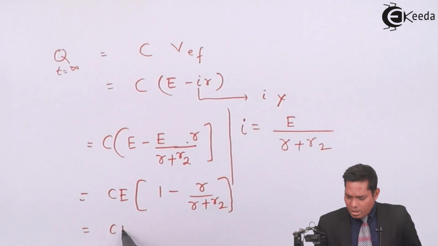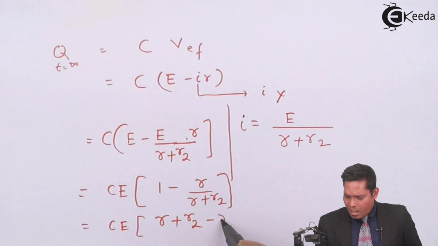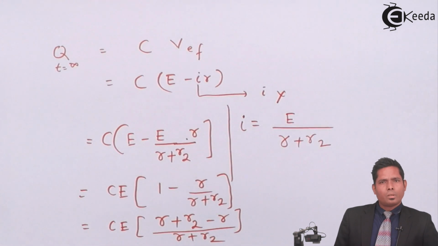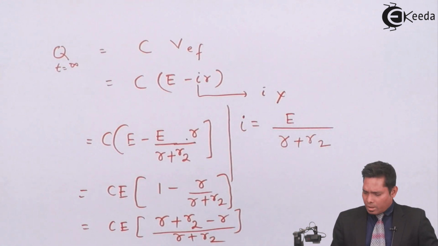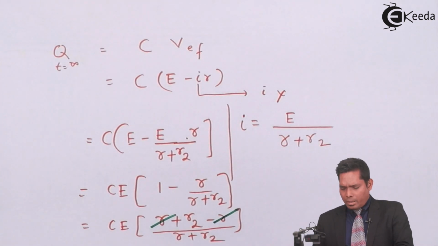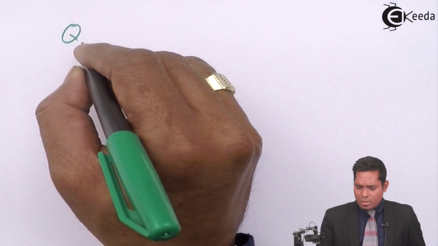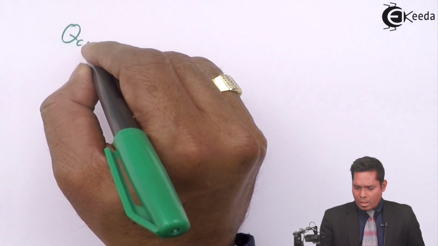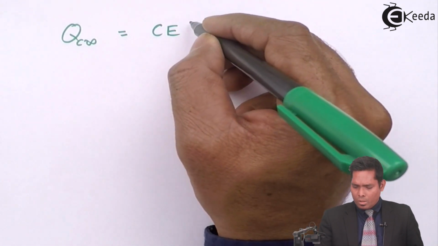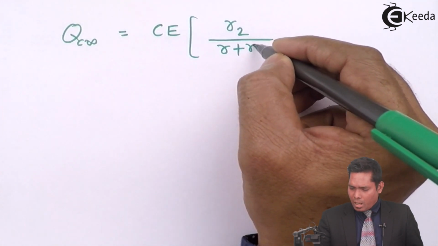If I solve this, this is CE, and this goes over there, R plus R2 minus R. I will cancel that R, and this is left with the charge on that capacitor at infinite time, CE into R2 divided by R plus R2.